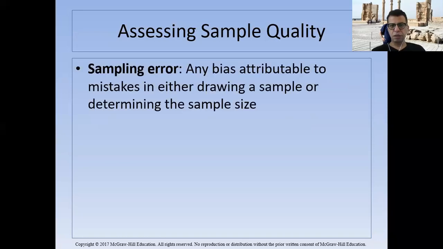So when you're assessing sample quality, you look at the sampling error, which is any bias attributable to a mistake in either drawing a sample or determining the sample size.